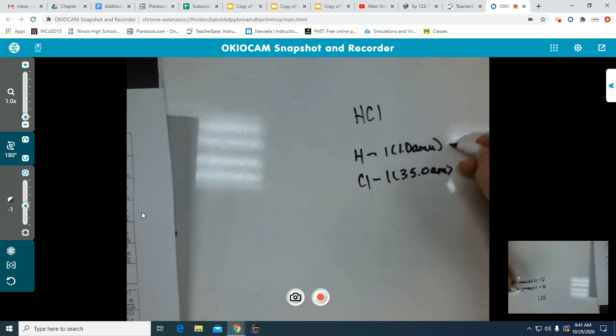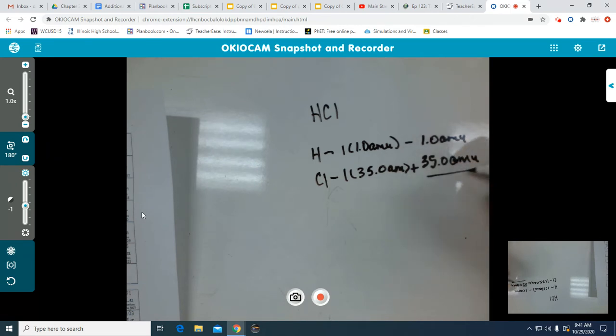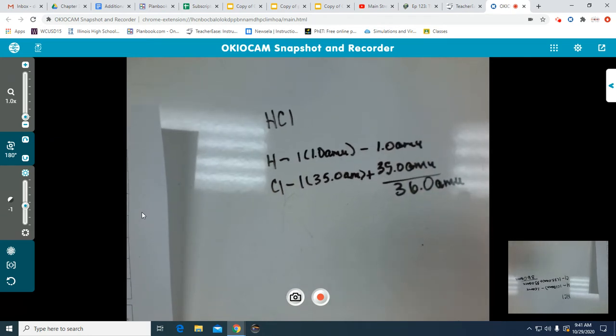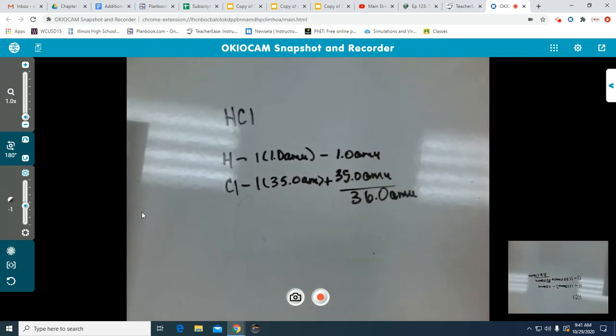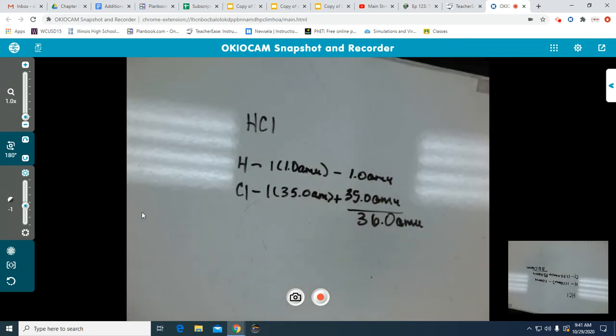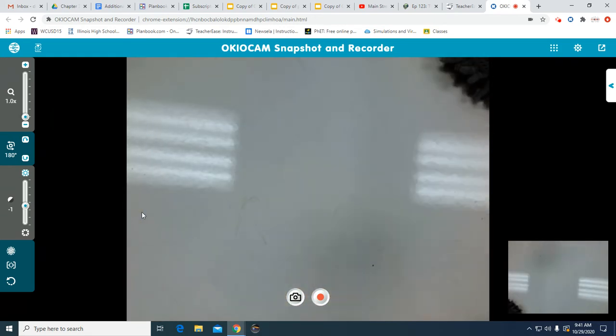So go ahead and multiply through. Again, you shouldn't really need to do that. So 1.0 AMU plus 35.0 AMU, and we get an overall formula weight of 36.0 AMU. So that's number 1. That's starting off, getting our brains moving here.